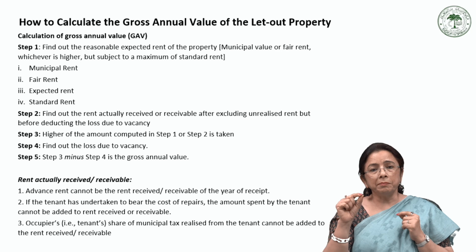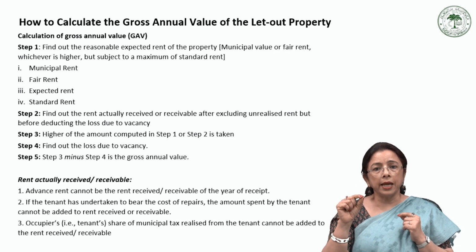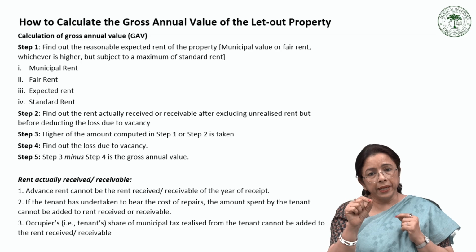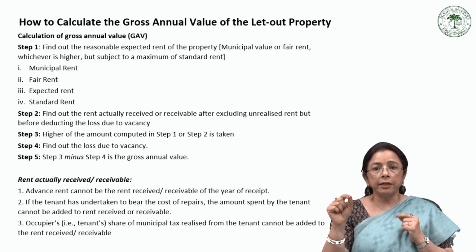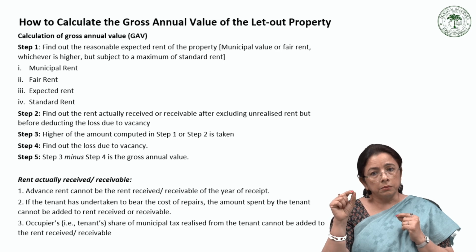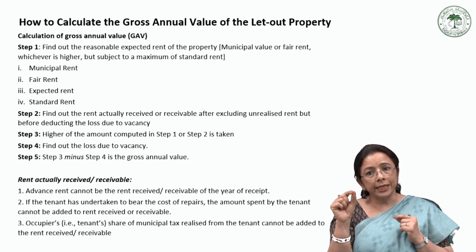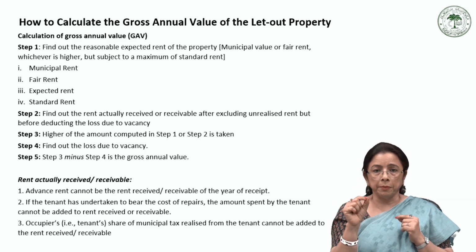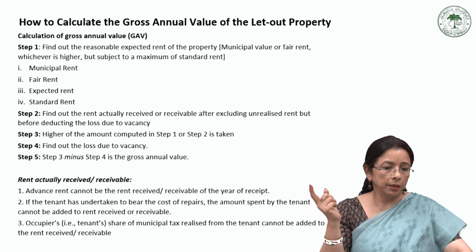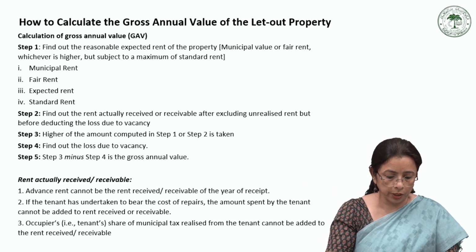First, we will make a comparison between the fair rent and the municipal value. We compare the municipal value and the fair rent, and whichever is higher will be picked up. Okay, for example, I'll just show you.